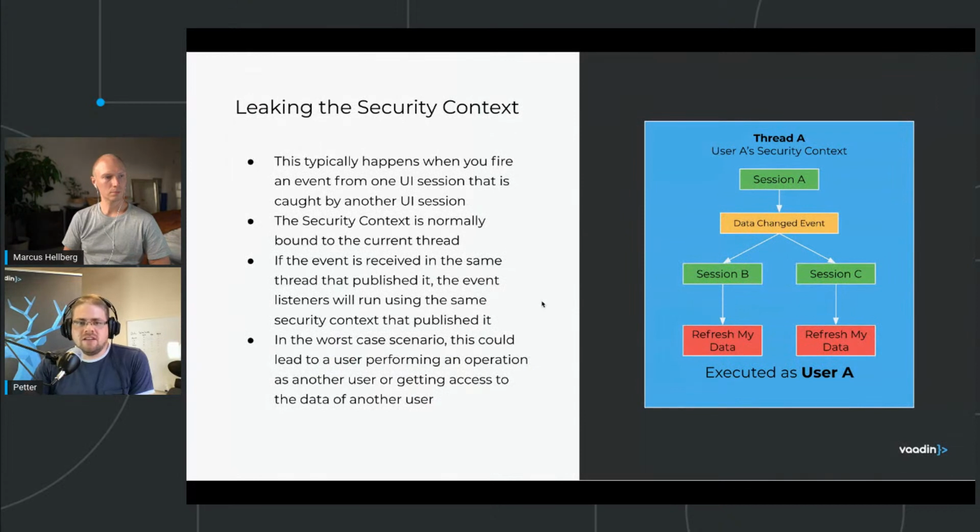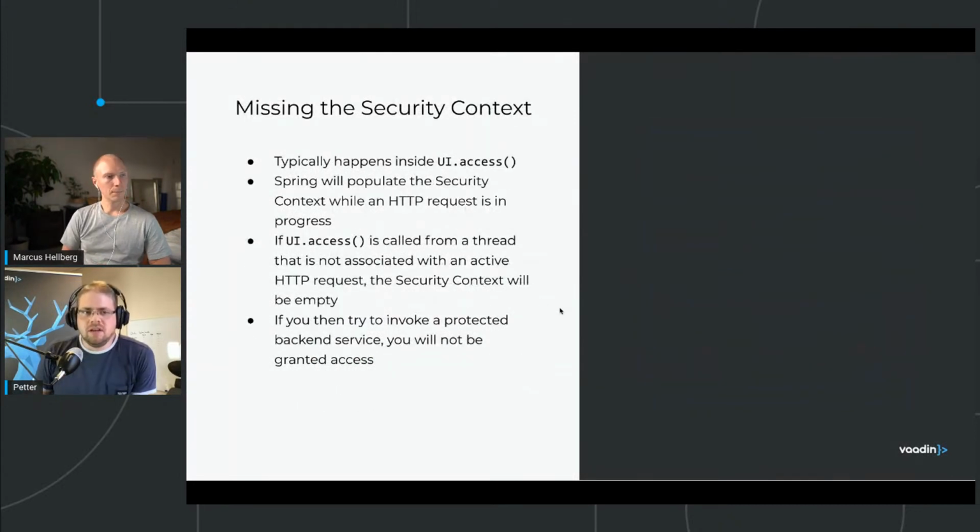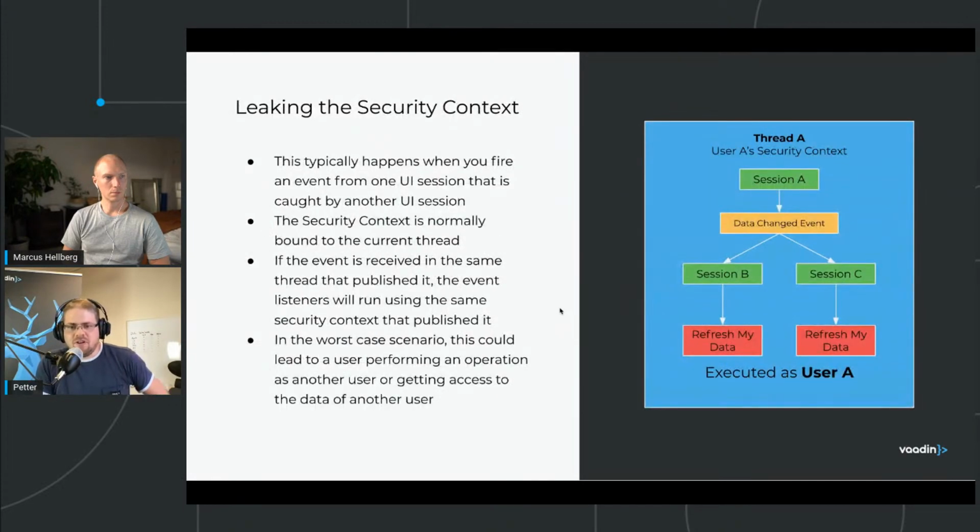The next issue that you can run into, which is probably more common, is that you don't have a security context at all. Before I go on, the first issue is difficult to detect when you are testing things on your local machine because you typically only have a single session, so you may not realize that this is a problem.